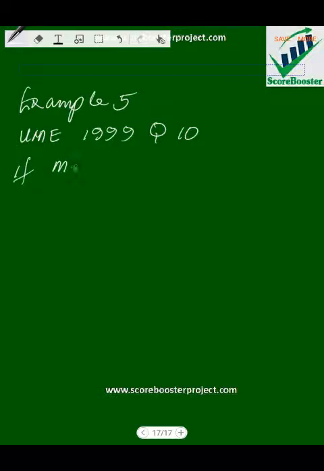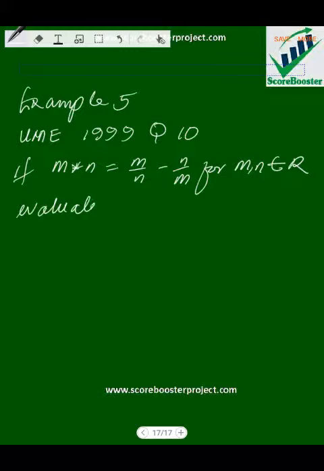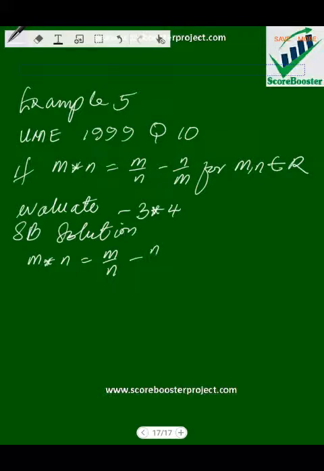If m star n equals m over n minus n over m, for m, n a member of R, evaluate minus 3 star 4. Score booster solution. So we have m star n is equals to m over n minus n over m.